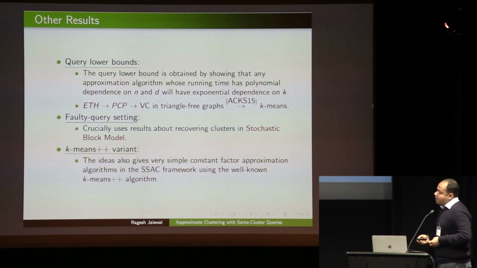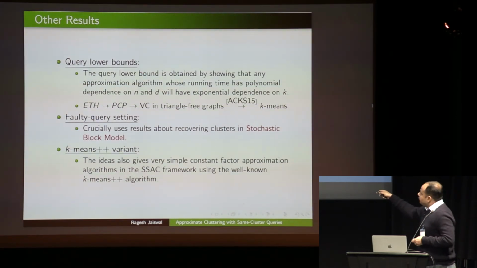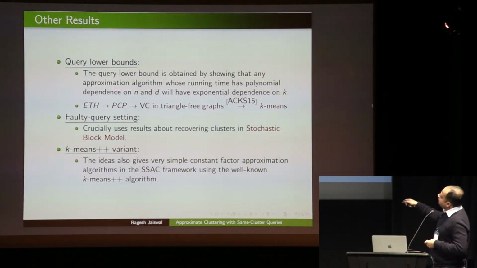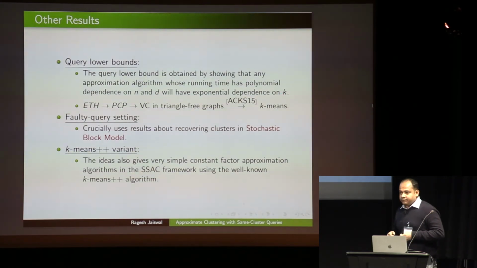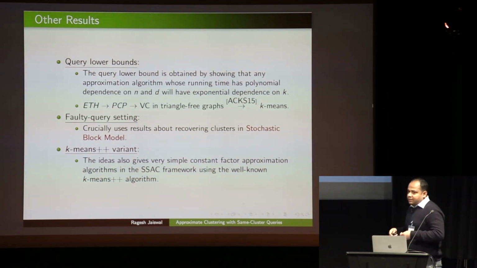Okay, so now let's talk about some other results that we have in the paper. We have query lower bounds. Our query lower bound is obtained by showing that any approximation algorithm whose running time has polynomial dependence on n and d, the number of points and the dimension, will have exponential dependence on k. And how does that give you a lower bound on the number of same cluster queries?